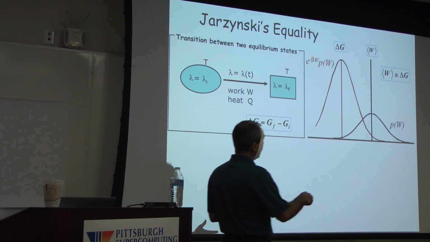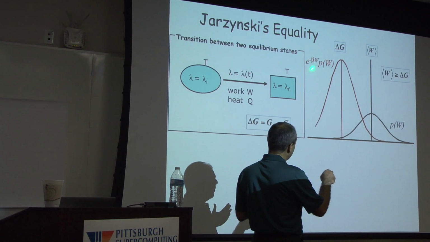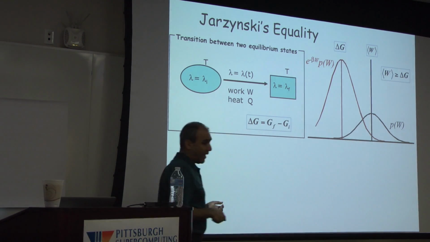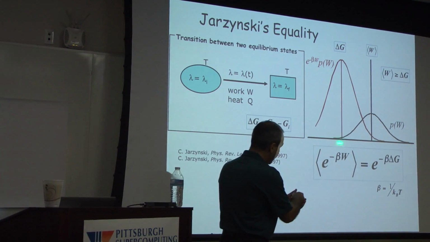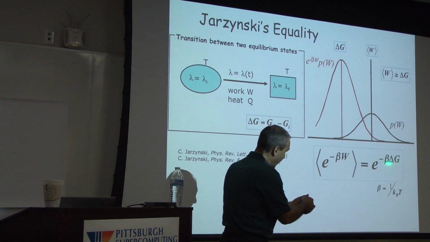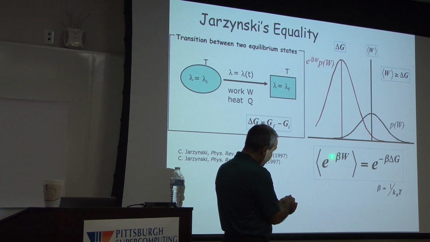So instead of looking at the work value, if you look at the exponential distribution, then there is a match between the exponential average of the work and the free energy exactly. So there is a formalism showing that this equality exists. And this is because this negative exponential, minus beta W, is dominated, it's a negative exponent. Therefore, it's dominated by small values of W, meaning these guys.